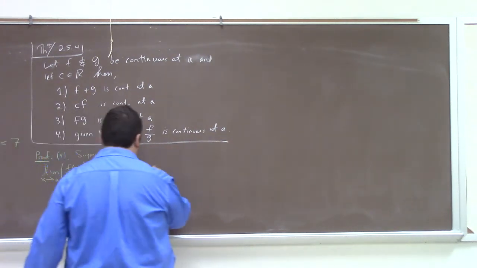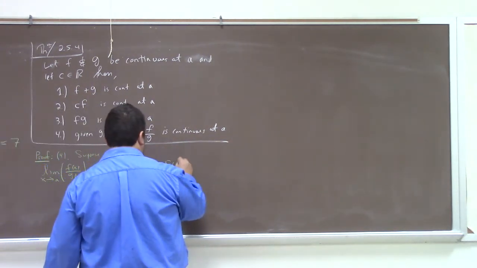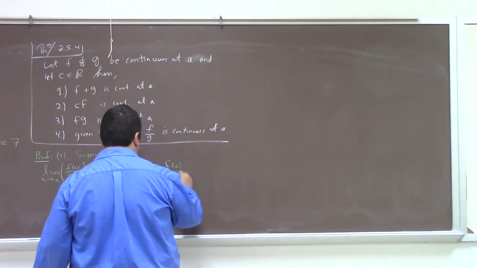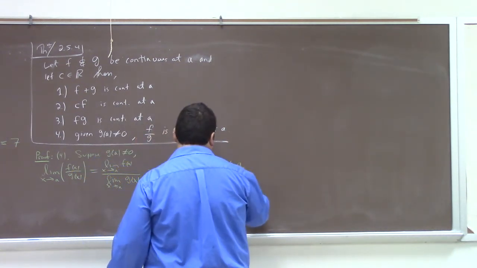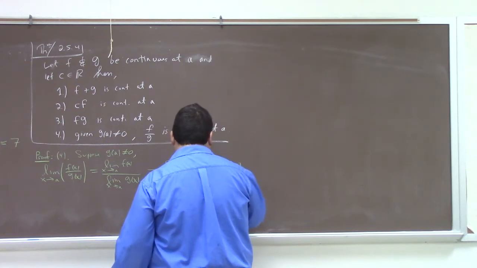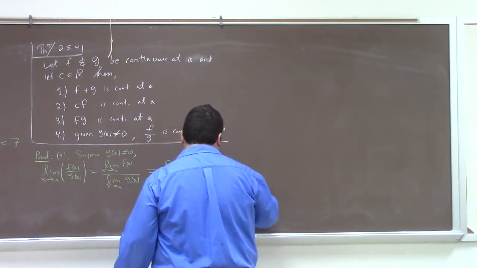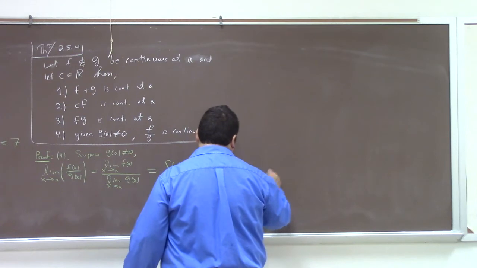This is equal to f of a over g of a, since f and g were assumed what? Continuous at a, right?